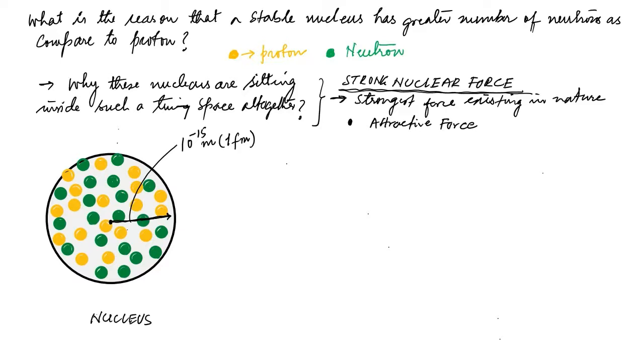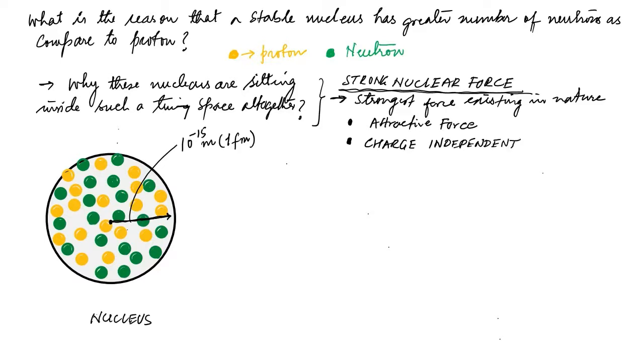That means this force attracts protons and neutrons together. This is pretty obvious, otherwise, if the nature of this force were repulsive, they would not be sitting together in such a space. The second one is that the force is charge independent.